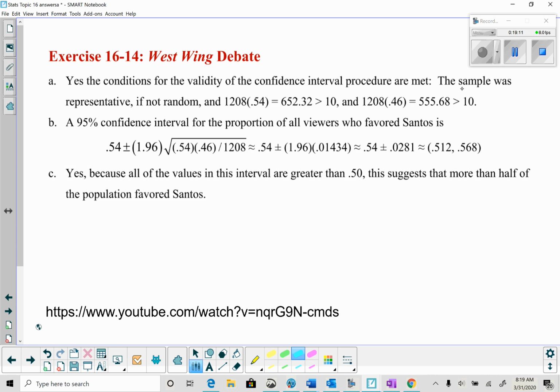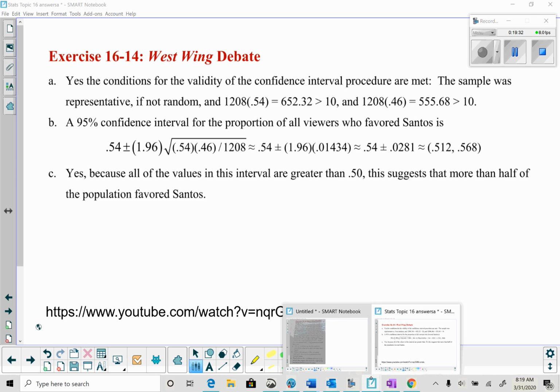So we could say, yes, the conditions for validity here are met. Then we construct the interval, so again we go through the process of calculating that standard error. They wanted 95% confidence, so it's that same z star, 1.96. So there's our lovely confidence interval.